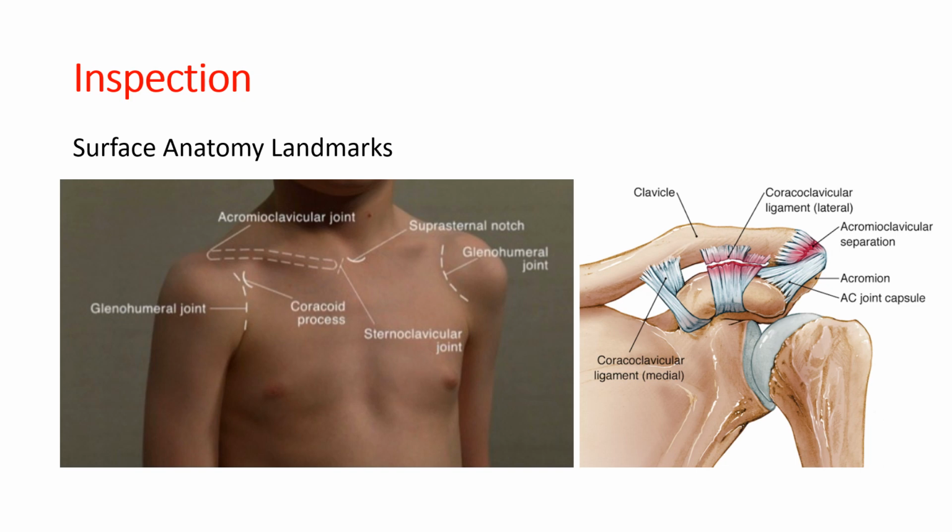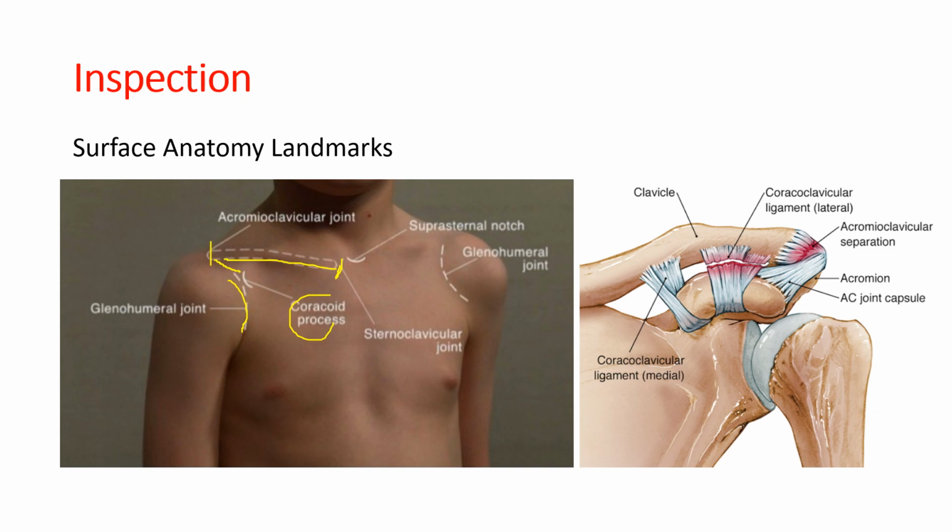So here we have the sternoclavicular joint, the clavicle, the AC joint, the acromioclavicular joint, the glenohumeral joint, and the coracoid process, which is just about 2 centimeters medial below the acromioclavicular joint.